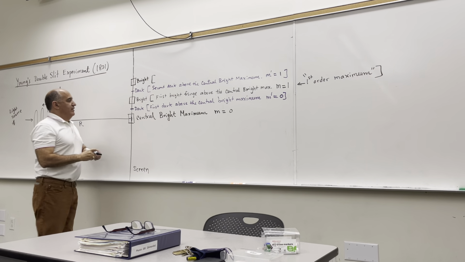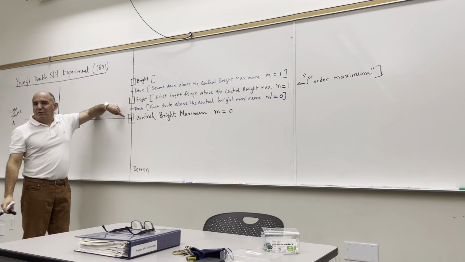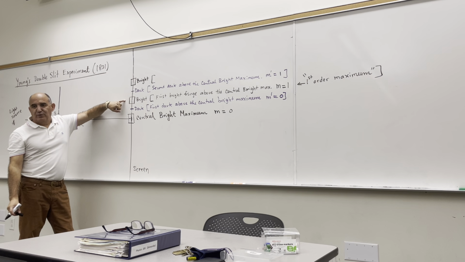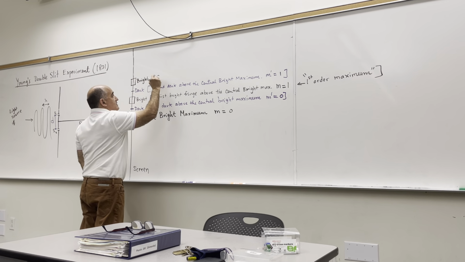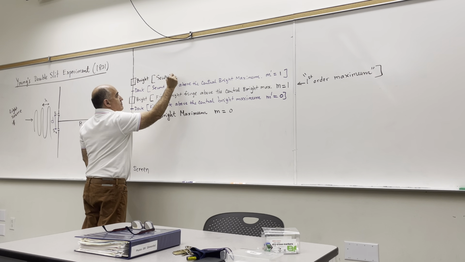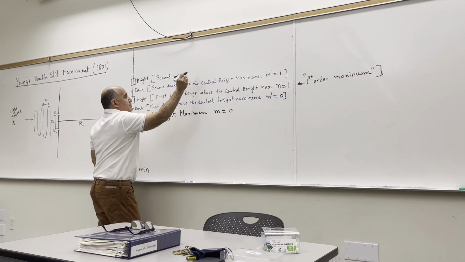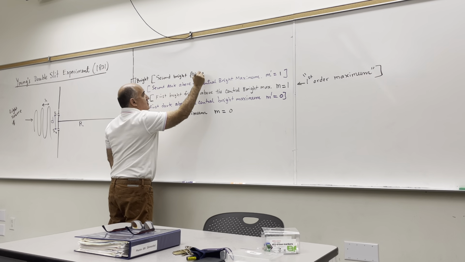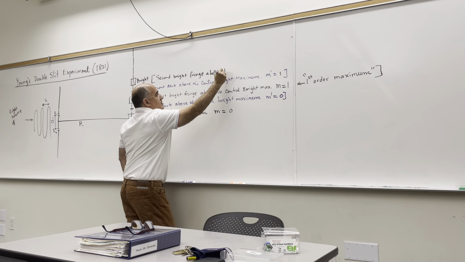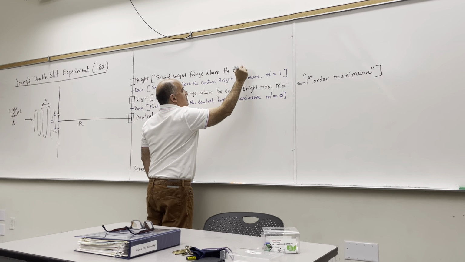And what would you call that one? Well, this is the central bright maximum. First bright above, second bright above, right? So you can call that the second bright fringe above the central maximum.